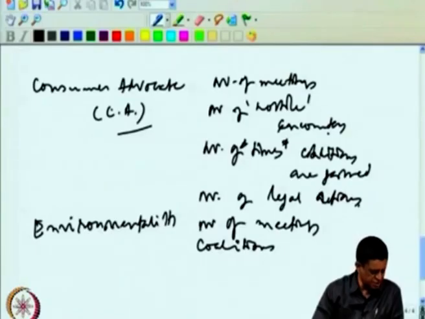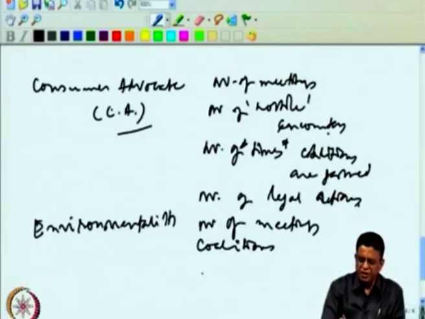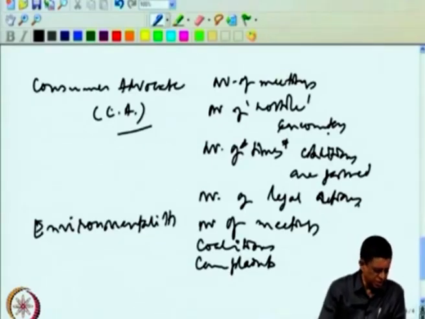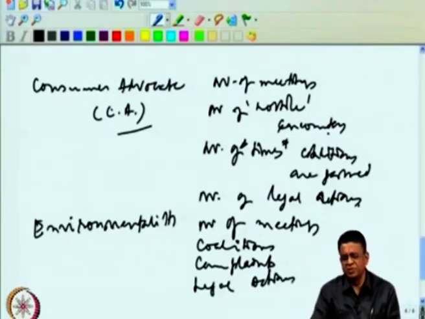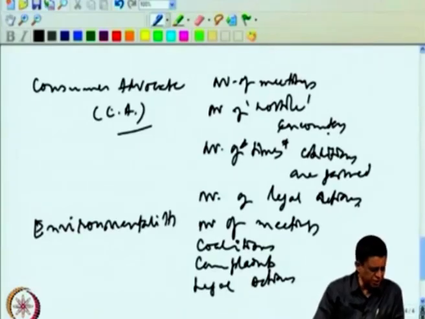So, the number of such complaints which these people are registering against the company, then what is the type of legal actions? Suppose you are forced to take too many legal actions because of legal actions initiated by this Environmental Pollution Control Board against the company, then what is going to happen?